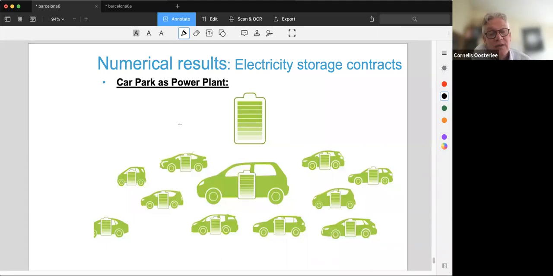You really want the cars to be able to drive again at the beginning of the day. But in the nighttime, there can be a strategy to release energy and to buy and sell energy in order to facilitate a surplus of energy, for example. We can see the car park as a storage facility, and the details of this are worked out in the paper.